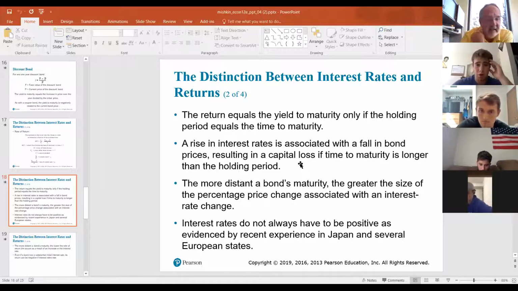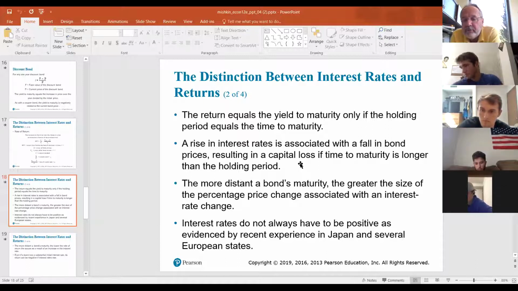What does that mean? That means that if interest rates go up and you sell the bond before it matures, you've got to sell it at a lower price and you're going to lose money because the price you paid is less than the price you're going to get.